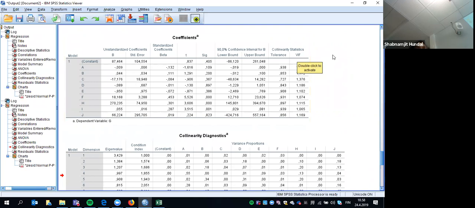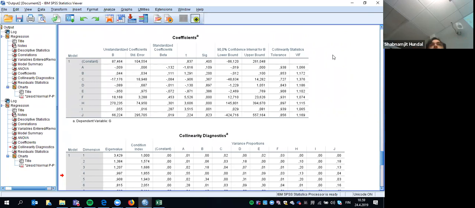Collinearity is very important. Have you studied collinearity? No, wait a second. Very important. Ideally, we want to see more and significant relationship between A and G, B and G, C and G, D and G, E and G, F and G, H and G, and I and G. That's why we chose them, because we think that these have strong impact on our dependent variable.